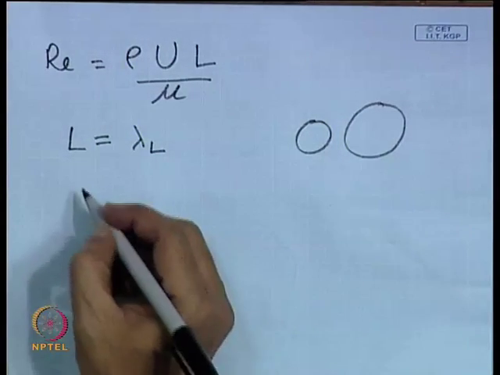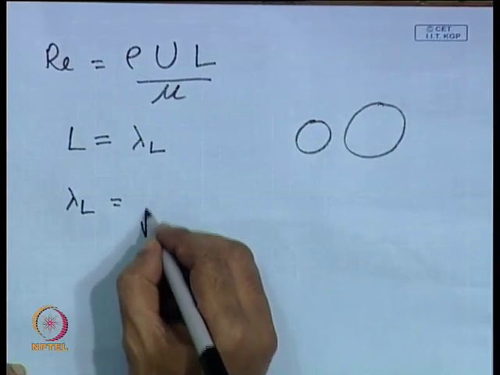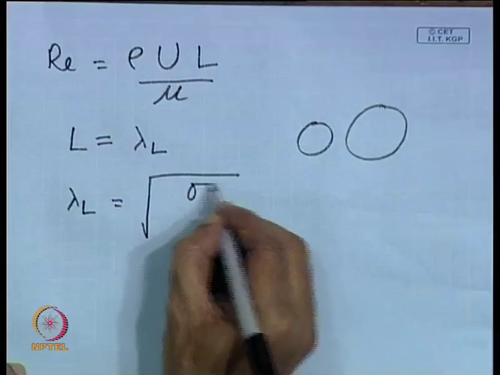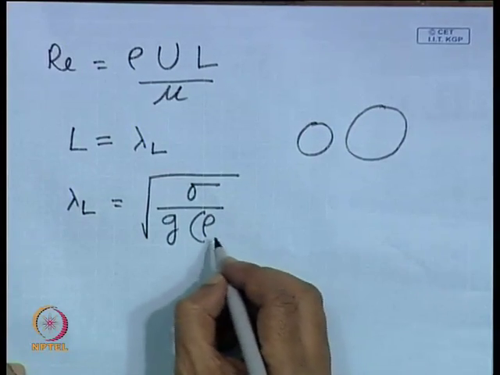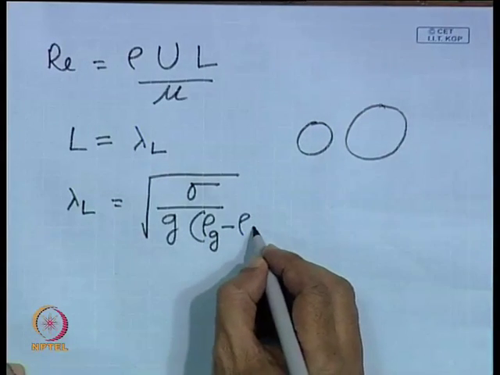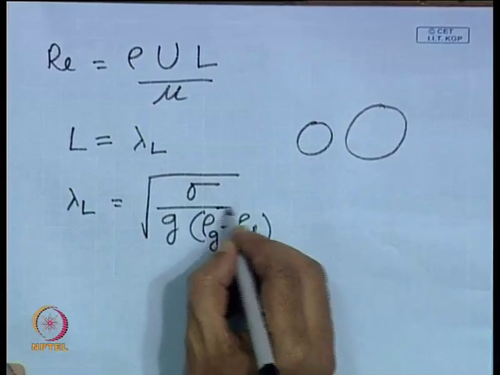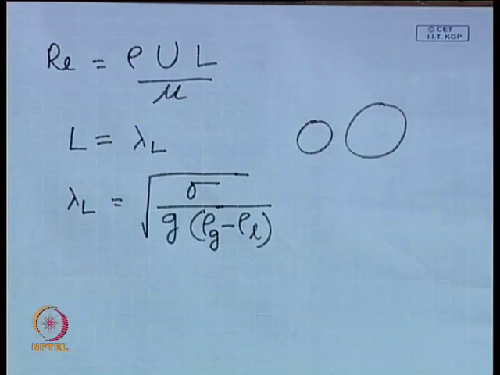So, that is why it has been defined like this. Already we are familiar with this kind of expression, sigma by g into (rho v, or rho g for gas, minus rho L or rho f). So, this is how your length parameter is defined.